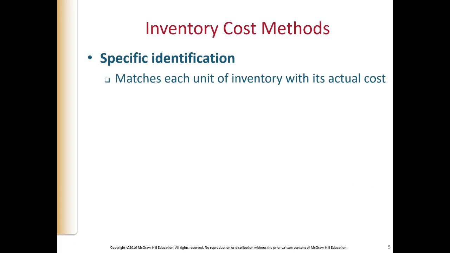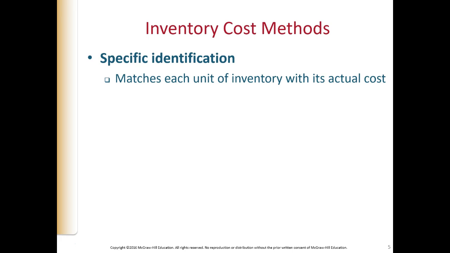Now, inventory costing methods. We have 4 we're going to discuss on this slide. The middle 2 are the ones you really need to worry about. This first one is called the specific identification method. What this does is match each unit of inventory with its actual cost and record that cost into the cost of goods sold account.